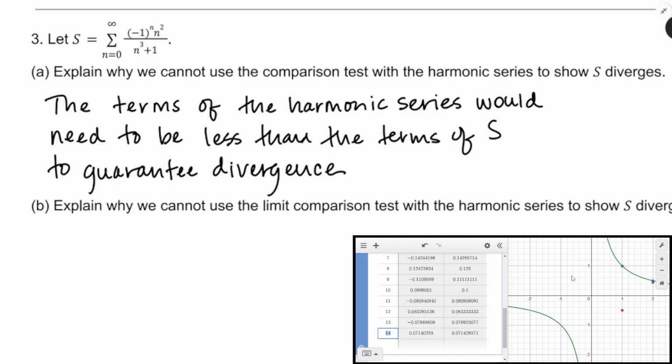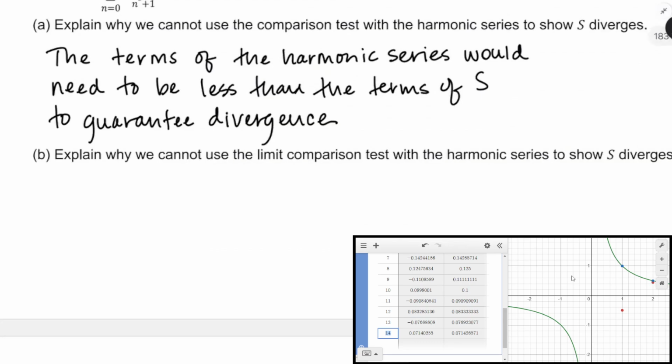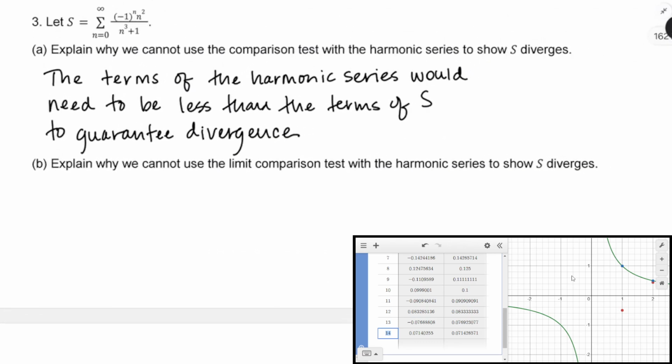Well, suppose we could. A little proof by contradiction here. I think that's going to be the way to go. We're going to do the limit as n approaches infinity of (-1)^n n^2 divided by n^3 plus 1. Limit comparison test with the harmonic would involve multiplying by n over 1.